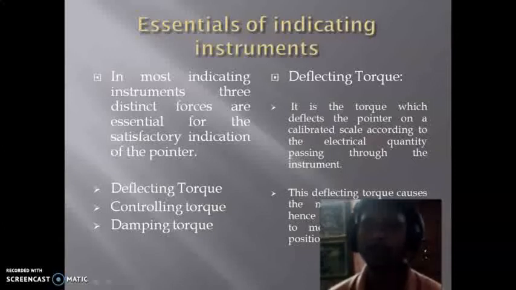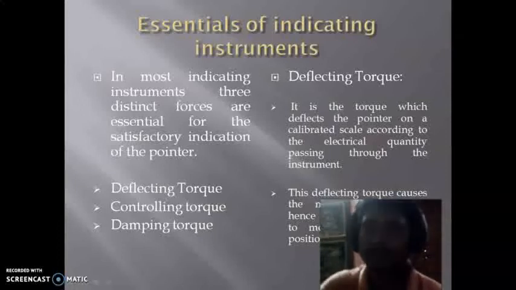Suppose an electrical quantity, it may be voltage or current, is flowing or passing through the instrument. Due to that there will be some deflection in the deflecting system, and a pointer that is connected with this deflecting system will also move, and there will be some scale, and due to the indication of the pointer we can measure the quantity that is passing through it.